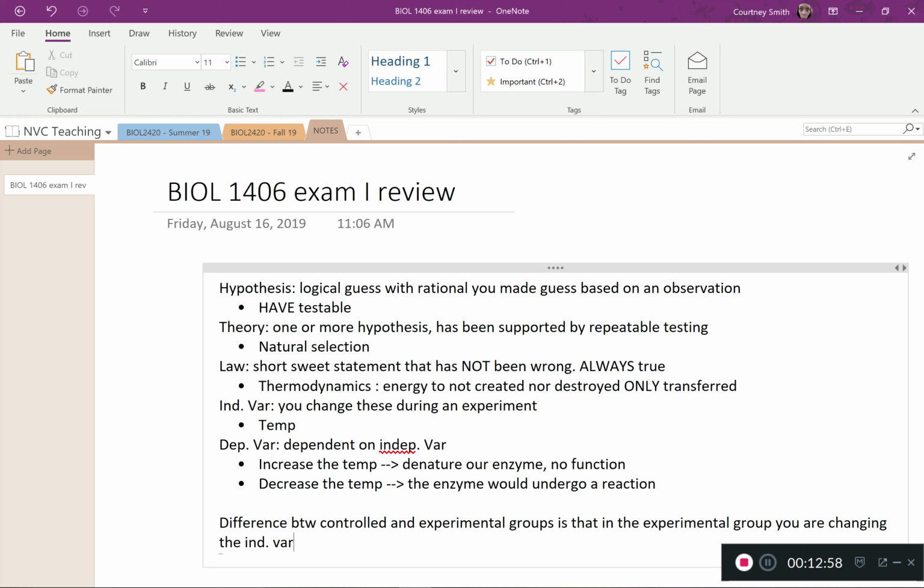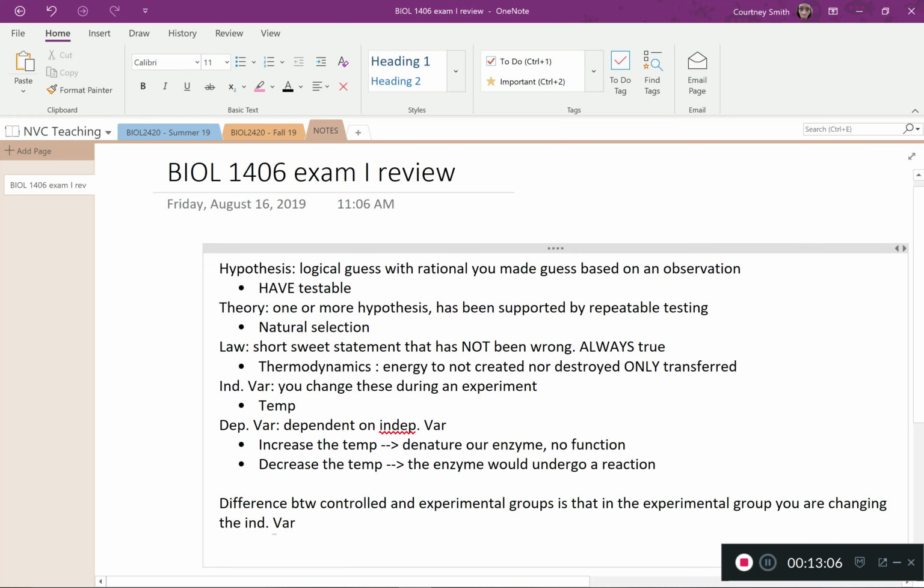And then the independent variable in the control group is quote unquote controlled. Let me write this out. So the independent variable is controlled, meaning it is kept constant. So you do not change it. You never change it throughout your experiment. So that's what it means whenever it is in the control group.